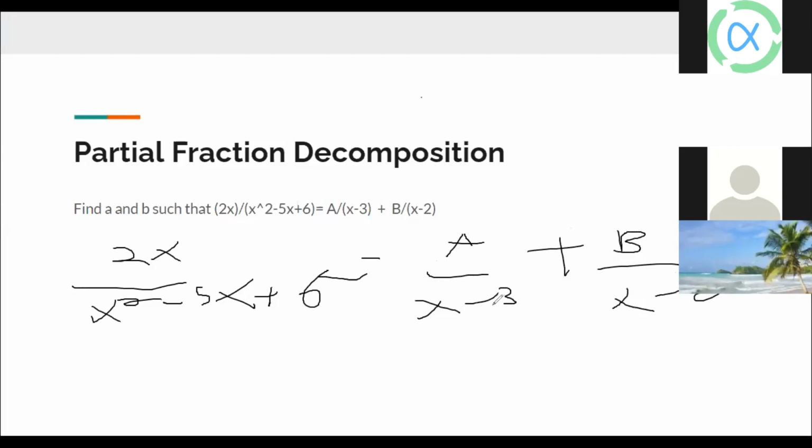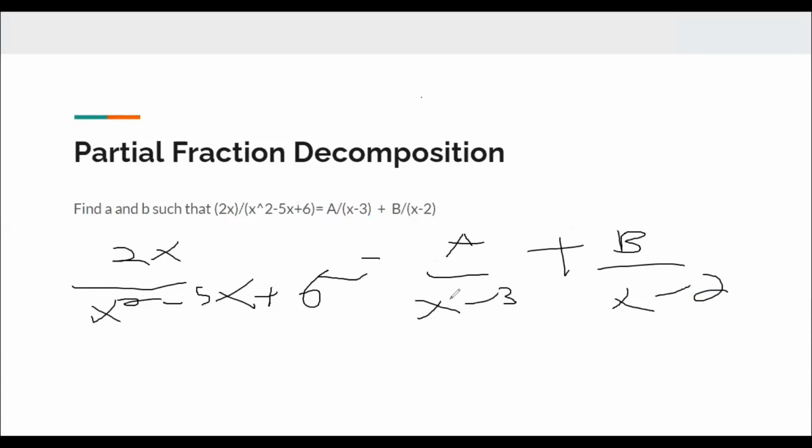This strategy is essentially breaking down the fraction. You notice that x squared minus 5x plus 6 is x minus 3 times x minus 2. So the technique here is splitting it into two fractions with denominators x minus 3 and x minus 2. We want to find a and b.